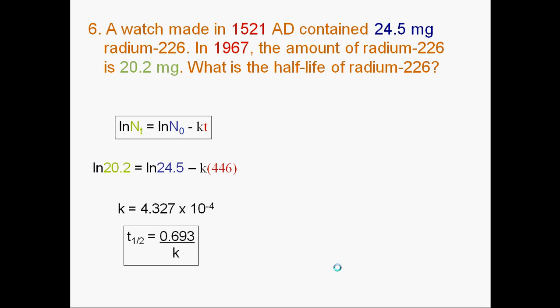Now from that information, I can do a little algebra and discover that K then, the decay constant, is 4.327 times 10 to the negative 4. And then I can plug that into my second equation to solve for the half-life. So when I plug that in as my value for K, I determined that the half-life of radium-226 is 1,600 years, which is just what I said it was a few slides ago, so, you know, good.